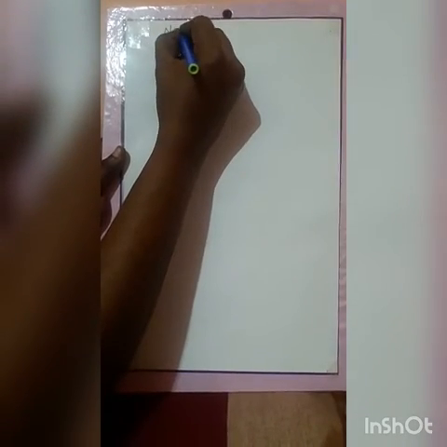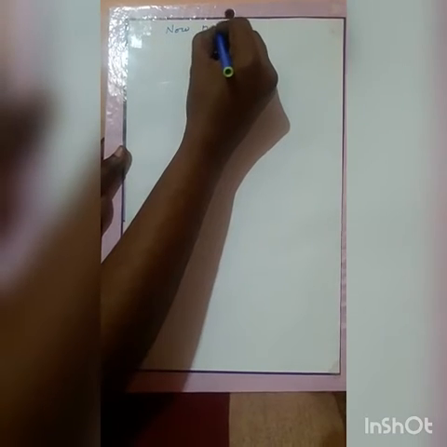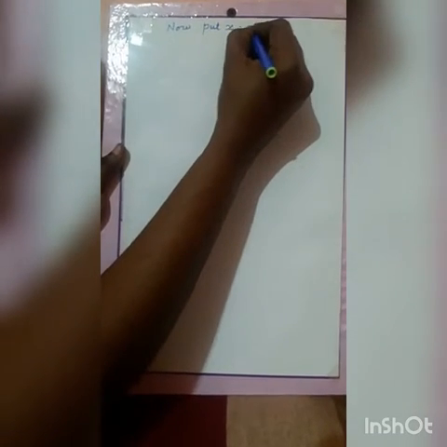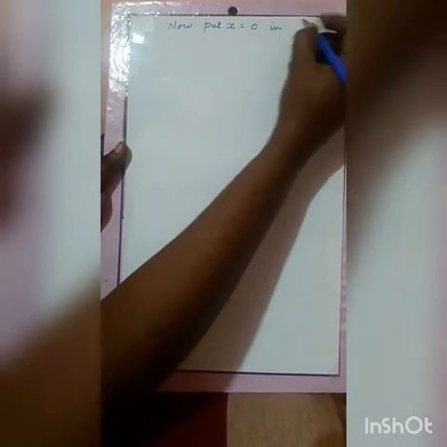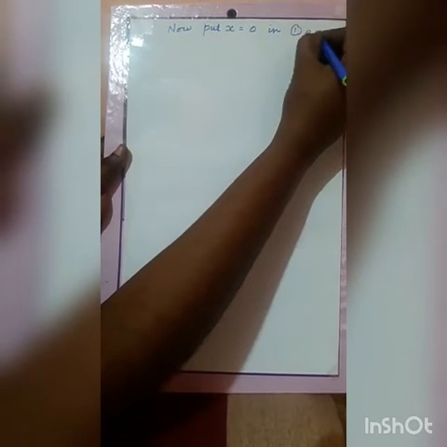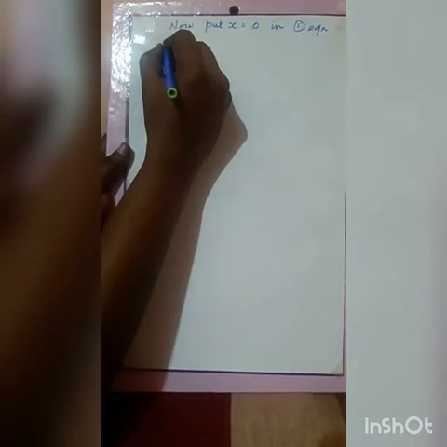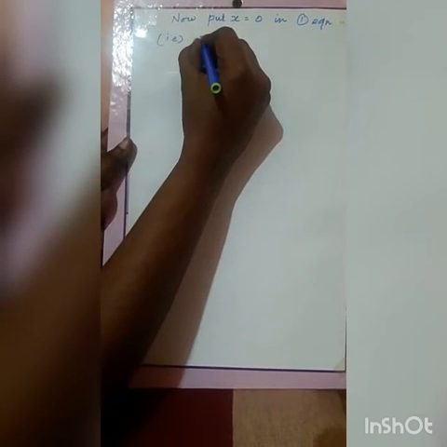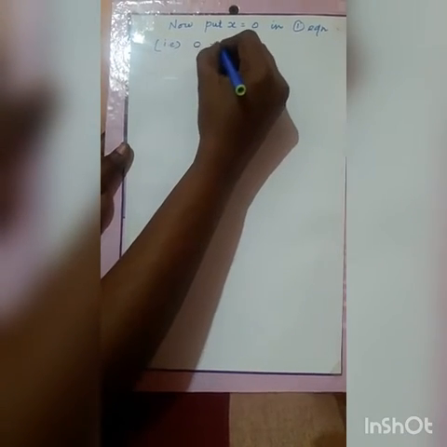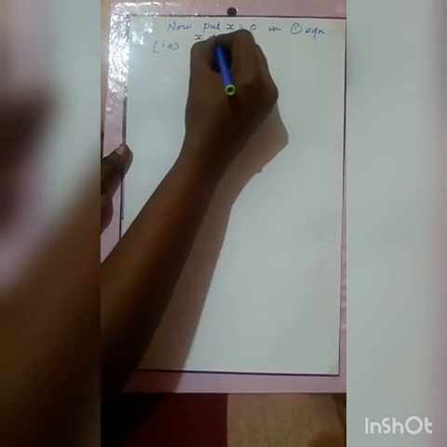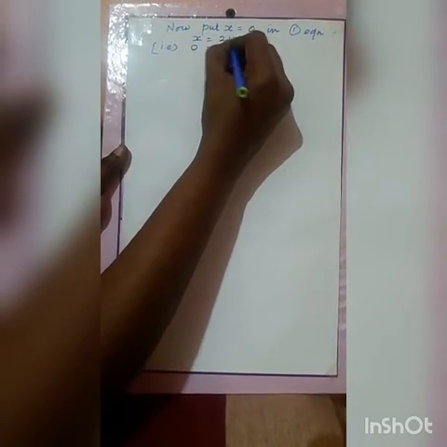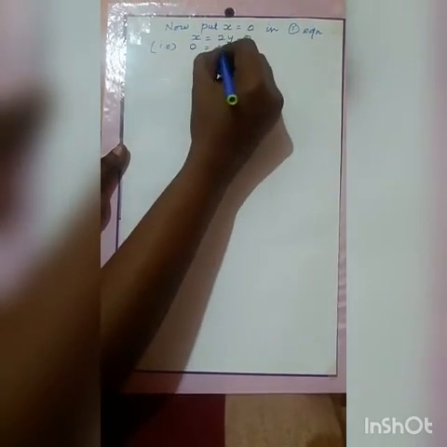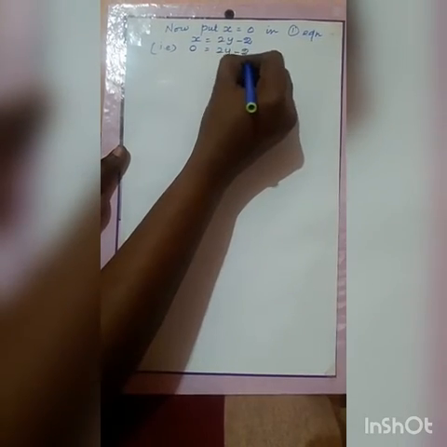Now put x equal to 0 in the first equation. That is, x equal to 0. In the first equation, x is equal to 2y minus 2. Therefore 0 is equal to 2y minus 2.